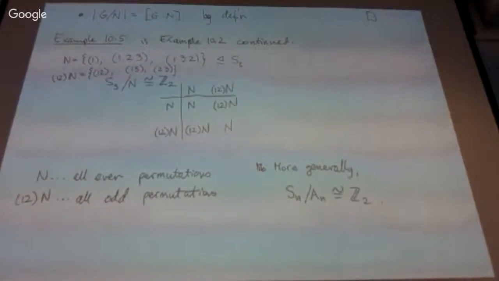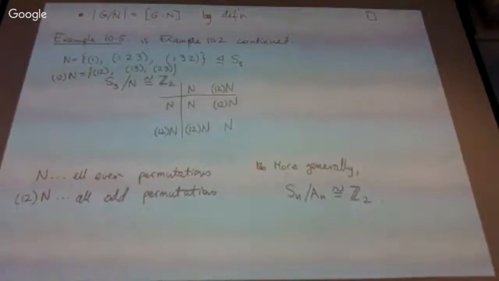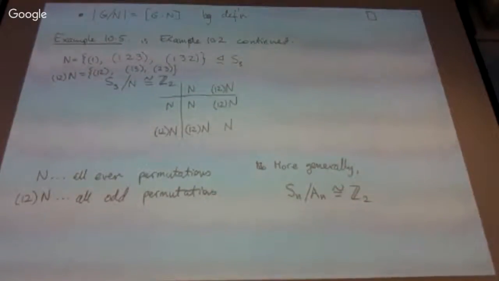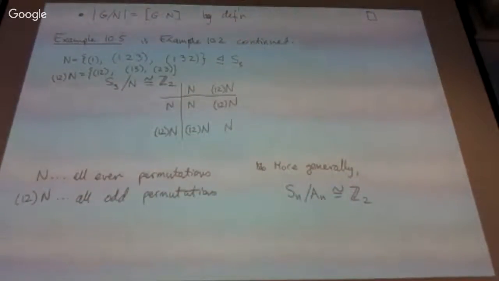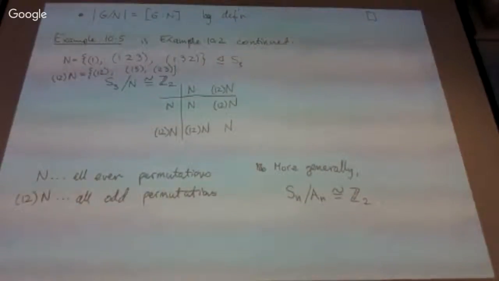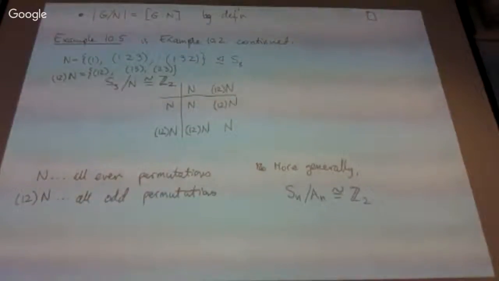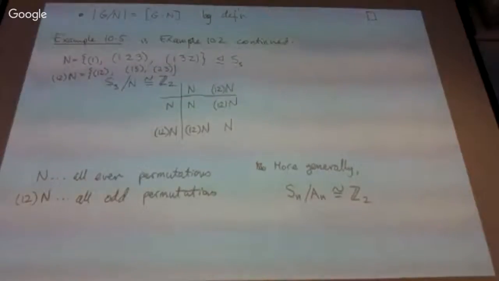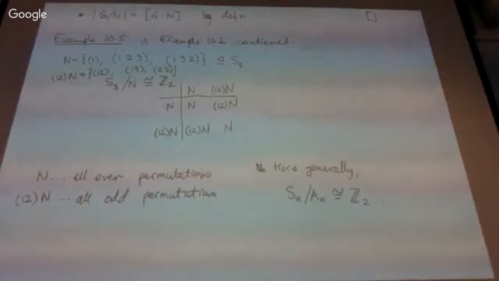Okay, so what is this good for? You're building groups from smaller pieces. In some sense, Sn is not simple, we'll see what that's called, but you can see some structure within Sn, because there is this odd and even.